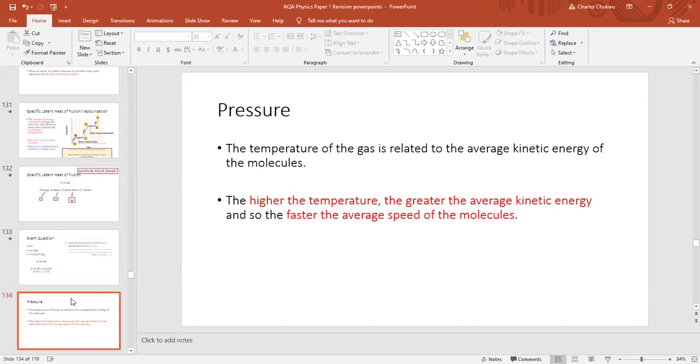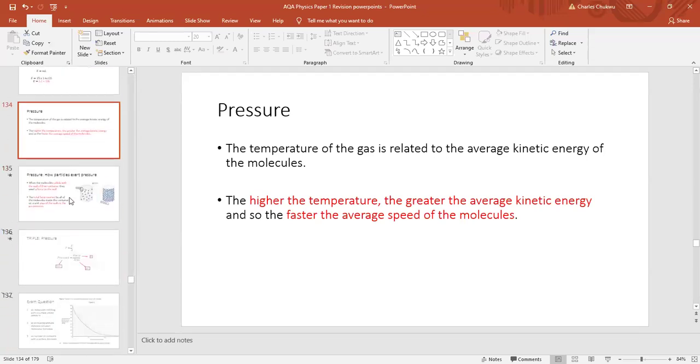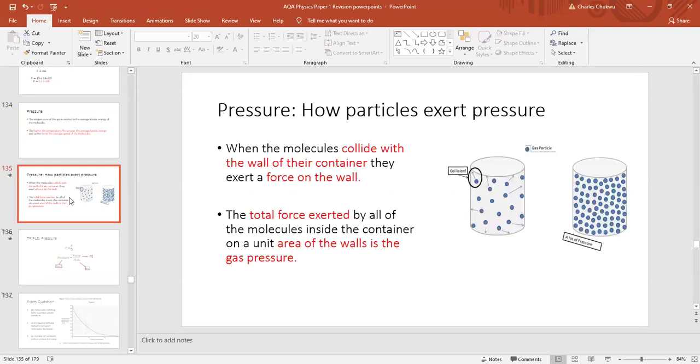Remember when we talked about heating a gas, the higher the temperature, the greater the average kinetic energy, and so the faster the average speed of the molecules. I think I've explained this, so I'm quickly glossing over it.